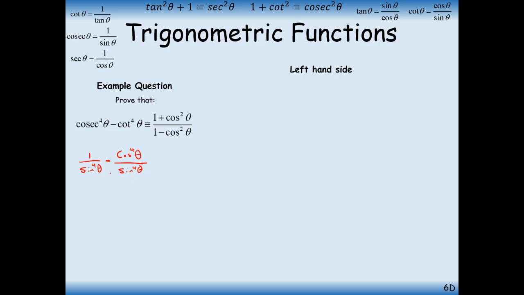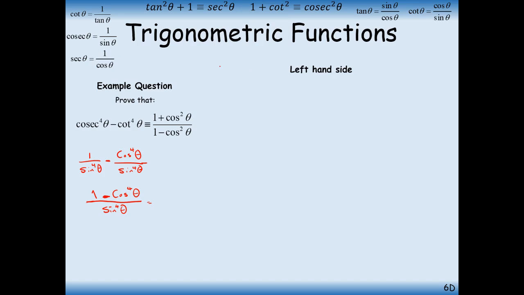So we can already see that these two fractions have the same denominator. So we don't have to do a lot of hard work to figure out that we can simply subtract the numerators from each other and only write the denominator once. And now, what do you remember from your year 12 factorization work?